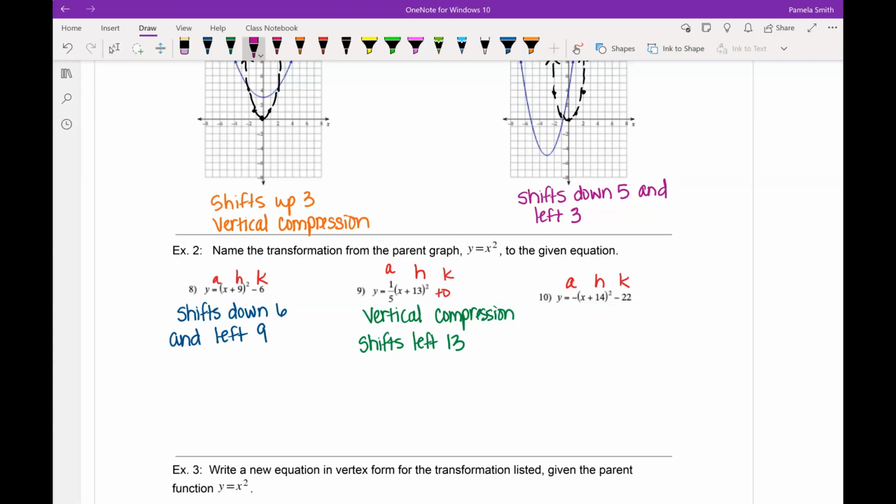If a is -1, which direction is it going to open? Down, which means it reflects across the x-axis. H would be -14 and k is -22.